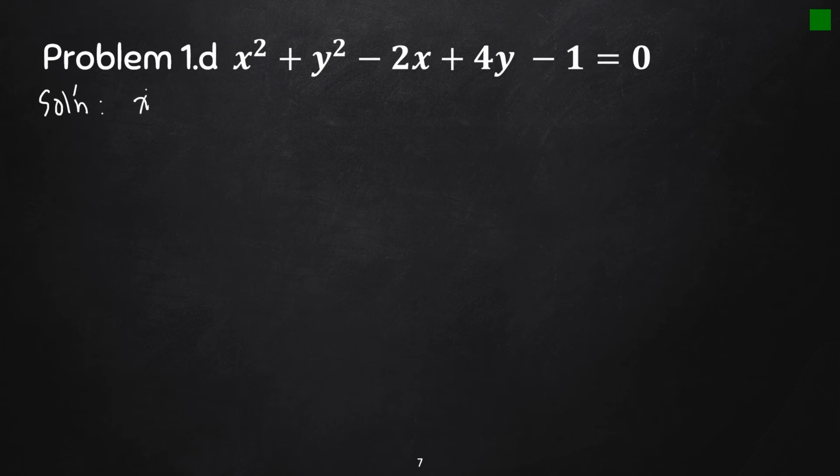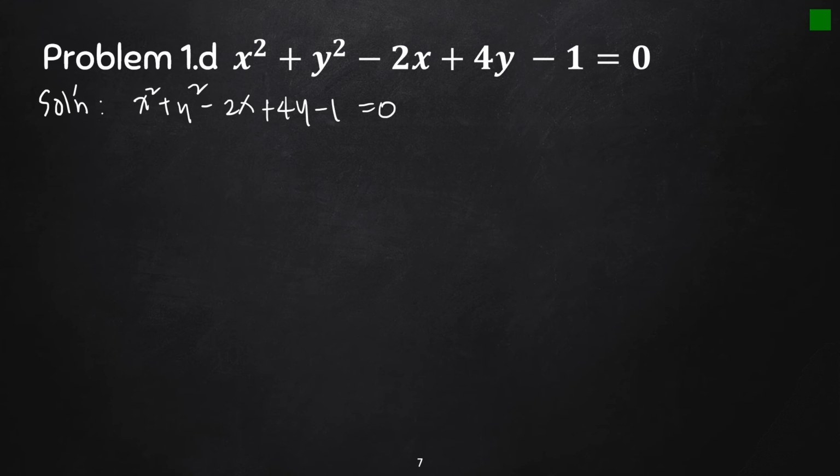As you can see, the equation given to us is in the general form. To find the center and the radius, we just need to express this in the standard form of the equation of a circle.